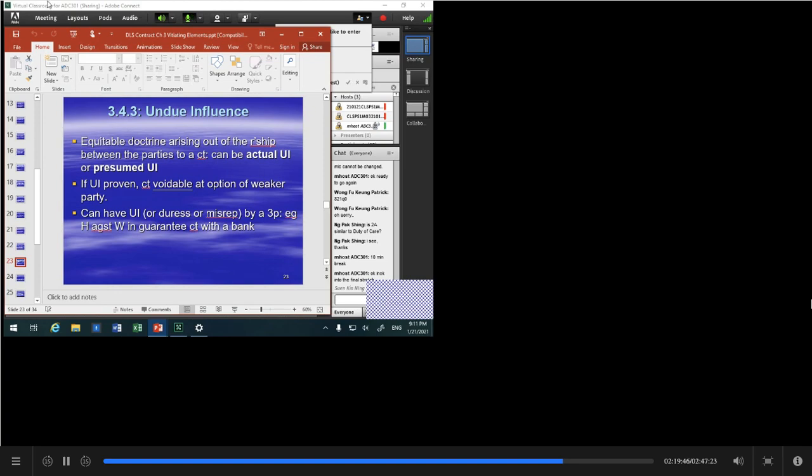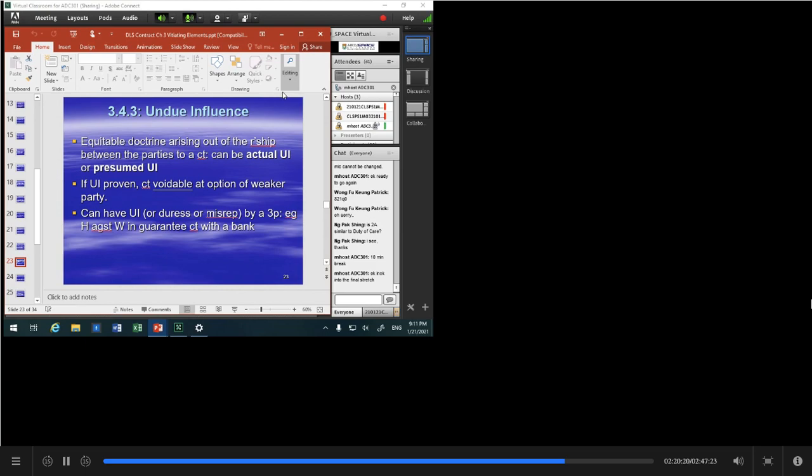And also, we have now undue influence. Undue influence is the equitable counterpart of duress. It's a more subtle form of pressure exerted by the stronger party on a weaker party in a relationship, so that the stronger party exerts this improper pressure on the weaker party to enter into a contract with them. Obviously, this can also be a situation where the weaker party is not really acting voluntarily.